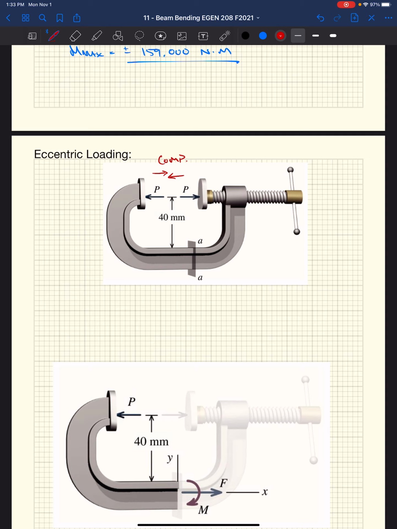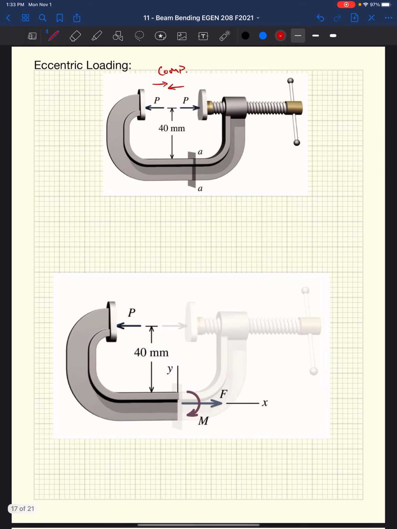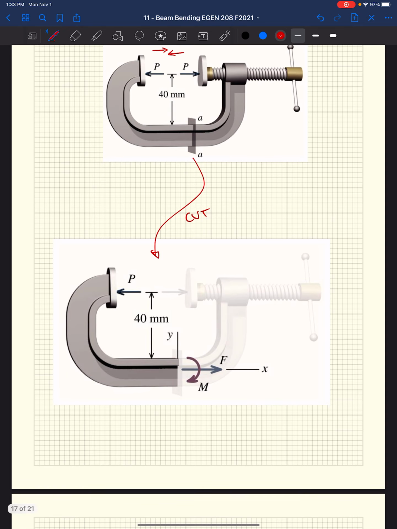Well, that compression, or whatever piece or element that you're squeezing, is pushing back on this clamp, right? With P, equal and opposite. So it's pushing back on this clamp, P. And so if we were to cut this clamp and draw a free body diagram at say AA, we draw a free body diagram of all the system on the left-hand side of cutting into AA.